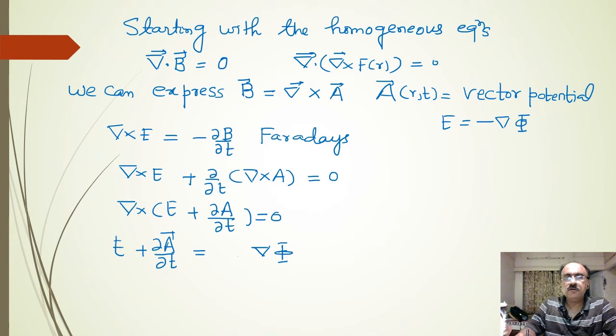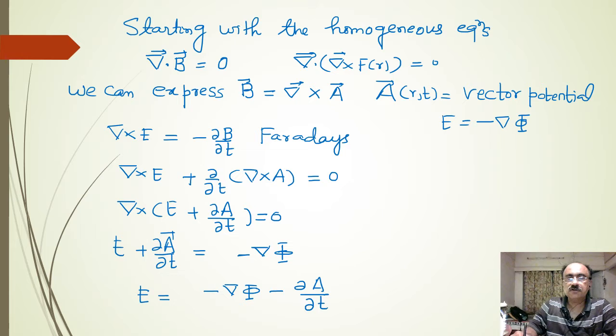We have put a minus sign drawing analogy with the parallel formula we have studied for the case of electrostatics. So we get an equation for E in terms of the vector and scalar potentials as minus gradient of phi minus del A upon del t.